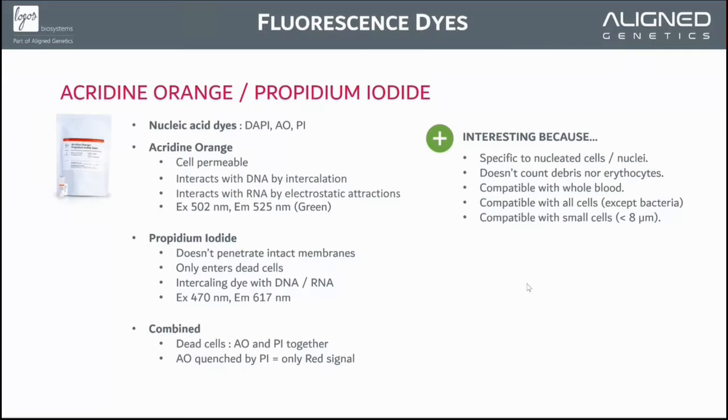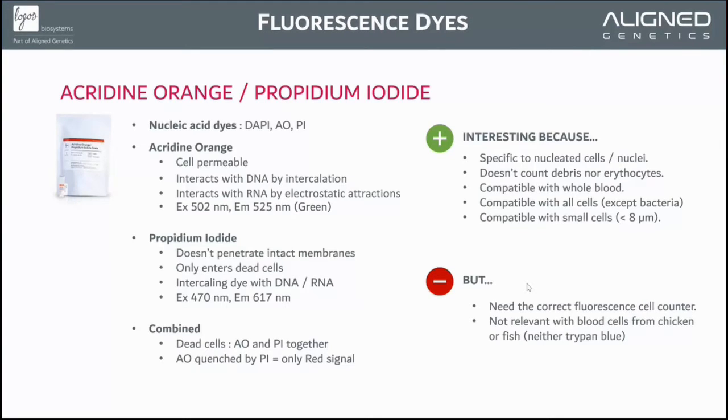However, you need to have the correct technology, the correct FL counter to use it. And it's not relevant if you're working with cells coming from chicken or fish, because for those species, red blood cells contain nucleic acid. So if you work on chicken or fish, there is no obvious solution at the moment.